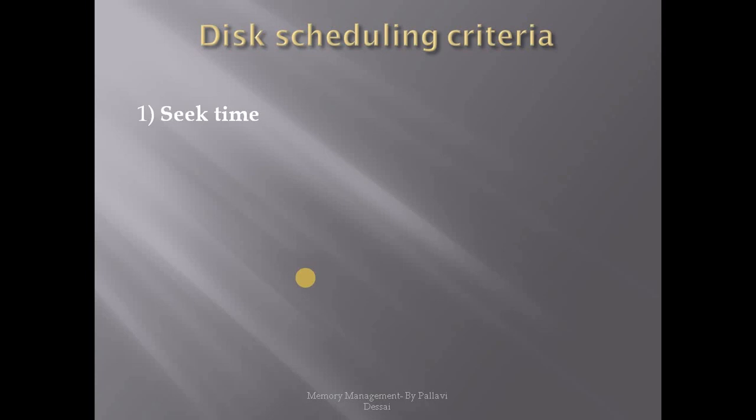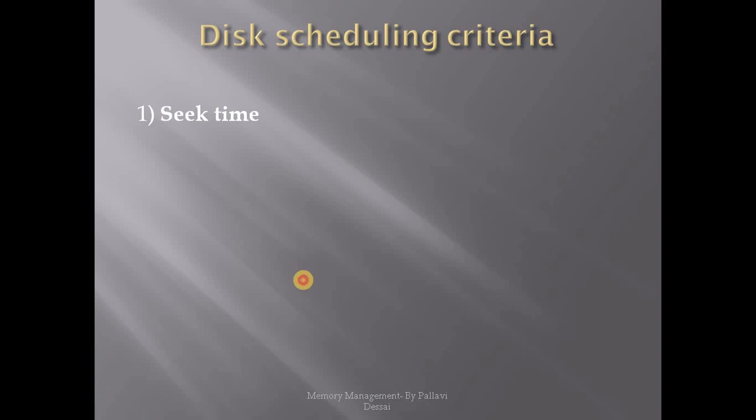Since it is dependent on the movement of the disk arm, the disk scheduling is performed such that the arm movement is utilized to service more input-output requests efficiently. So to do this, the first criteria which we are going to think about is the seek time.